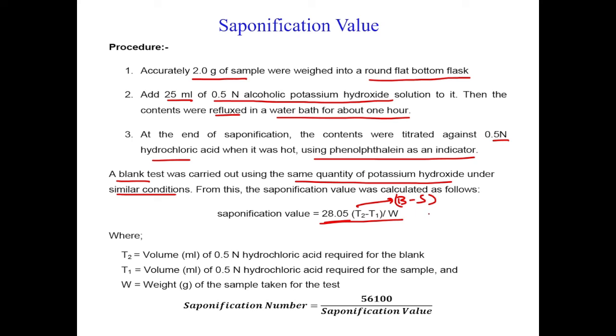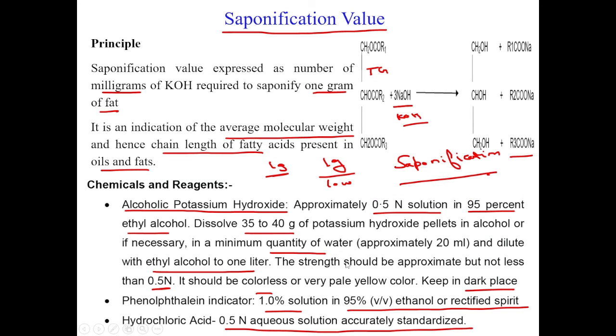And where is this 28.05 coming from? The molecular weight of KOH is 56.1, and from the formula N1V1 equals N2V2, or N1 equals N2V2 divided by V1, since we have taken W. So N1 is the normality of KOH, and 56.1 into 1000, milligram of KOH required for 1 gram of fat.